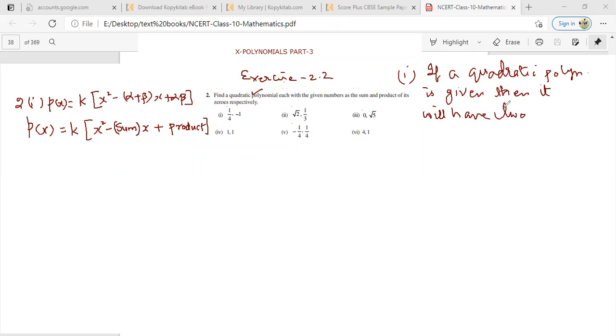They may be equal or distinct. 2 zeros always. But if alpha and beta are given, means if roots are given, we can make infinite number of polynomials.